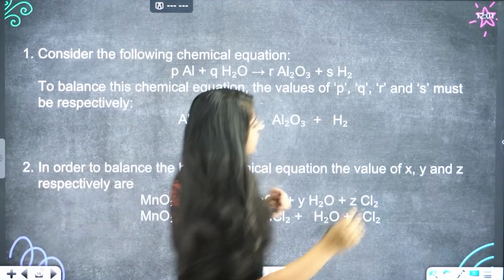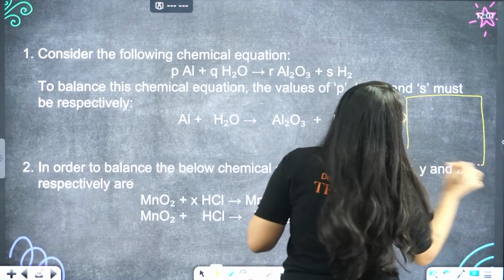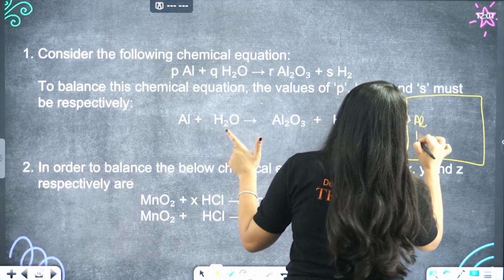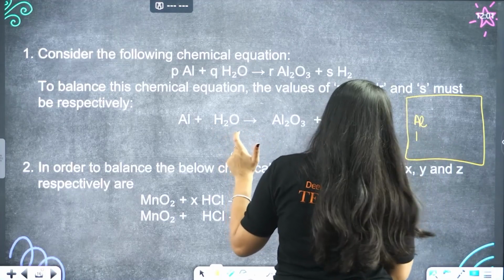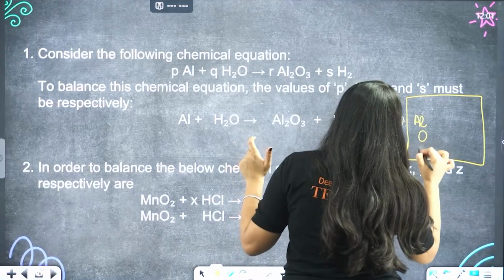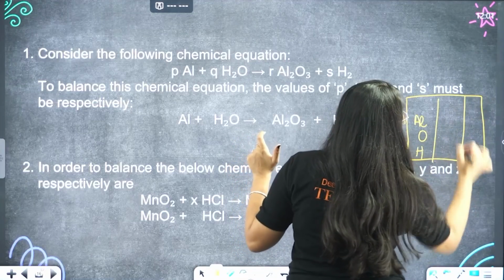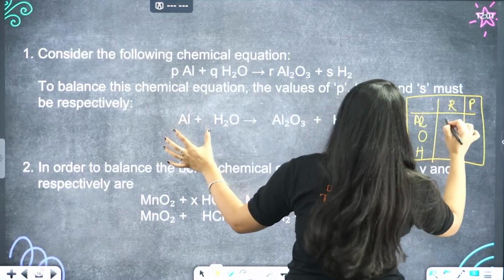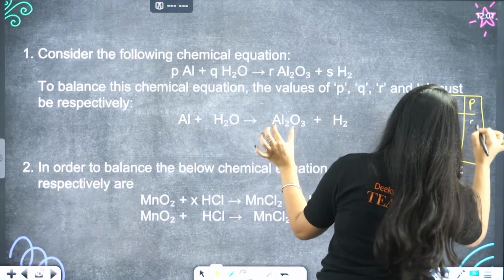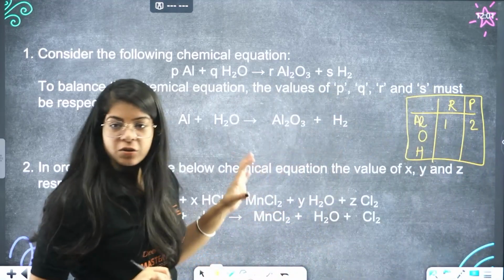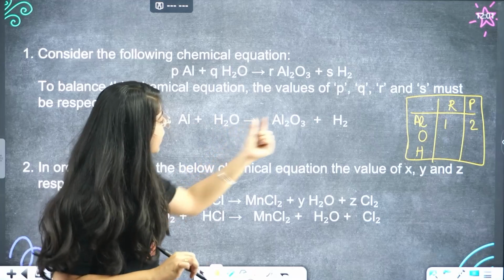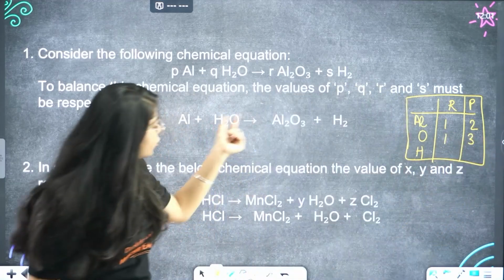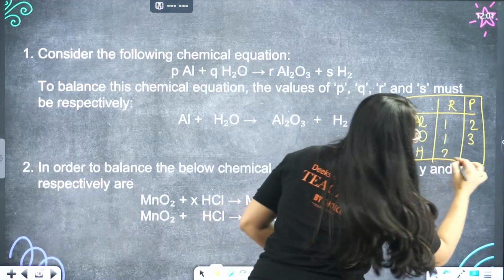We have aluminium, we have H and O. We have reactants and product side. On the reactant side, aluminium is simply 1. Here aluminium is 2. Then we have oxygen 1, oxygen 3, hydrogen 2, hydrogen 2.